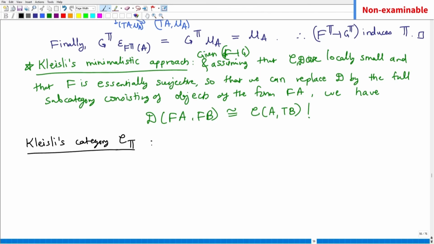What are its objects? Objects are the same as objects of C. Okay, no change at all. But morphisms are interesting. A morphism from A to B, you define it to be a morphism in C from A to TB.